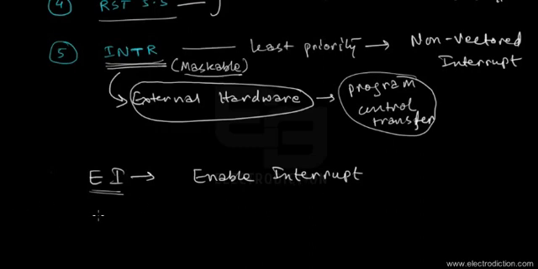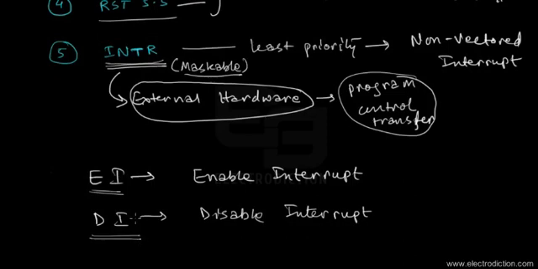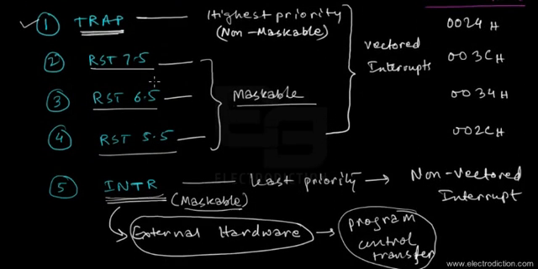And there's another instruction known as DI, meaning disable interrupt, just the opposite of what I just said. This disables the 8085's ability to accept any interrupt requests. So by executing this command, or including it in your program, you mask the RST 7.5, 6.5, 5.5 and even INTR interrupt requests.